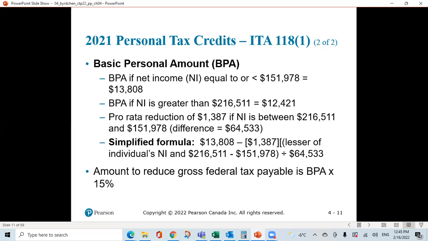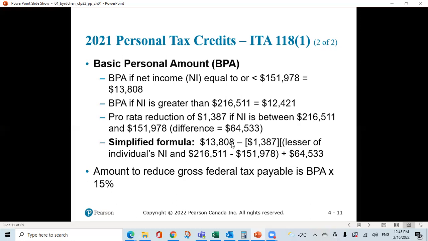So for example, we will have a very simple calculation. Now we are assuming your individual's net income equals your third bracket, so equals $151,978. So comparing this third bracket and the top bracket, you're going to use the $151,978, deduct the third bracket, which is 0. So what is your BPA?